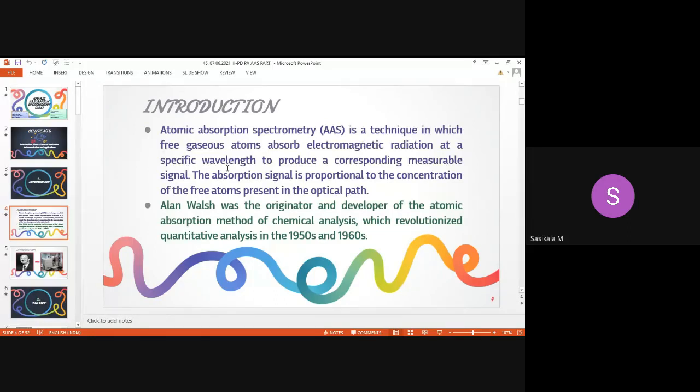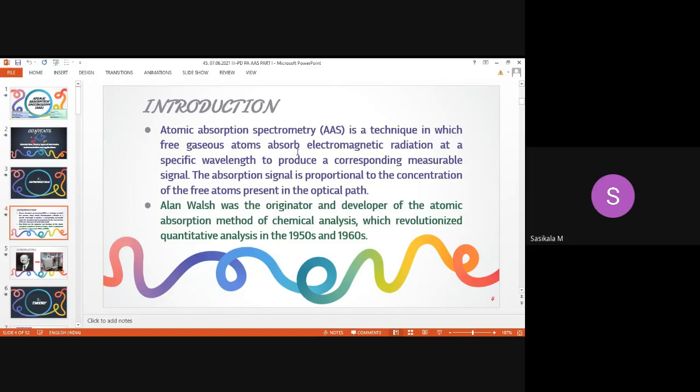This specific wavelength represents lambda max, the maximum absorbance for that particular atom, to produce a corresponding measurable signal. This measurable signal represents the atomic spectrum you are getting through this analysis.